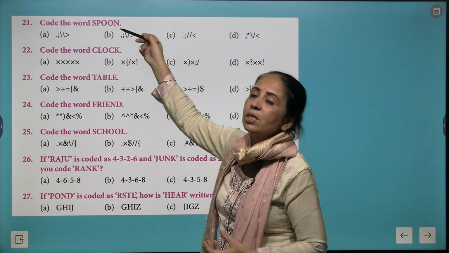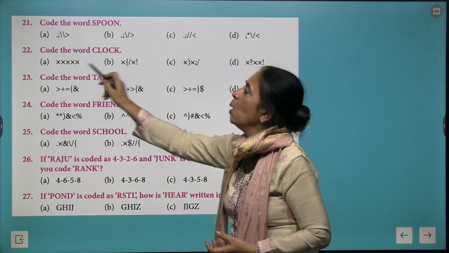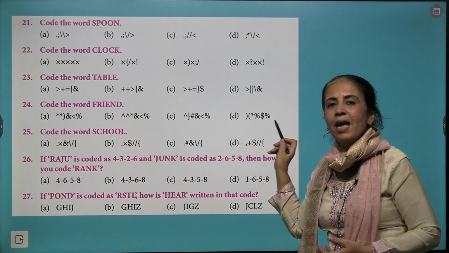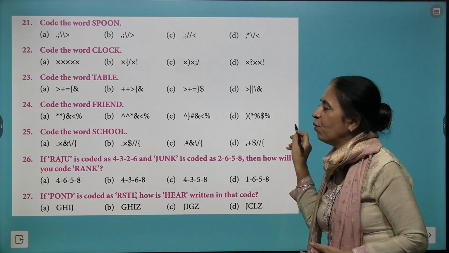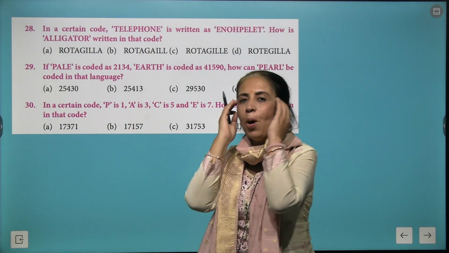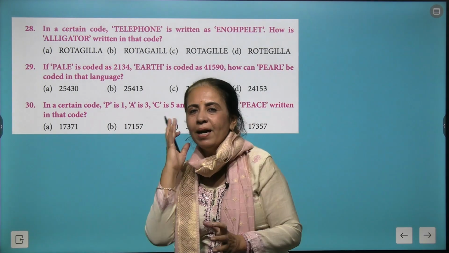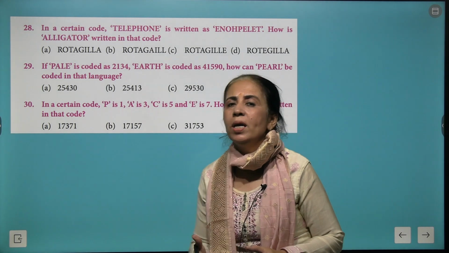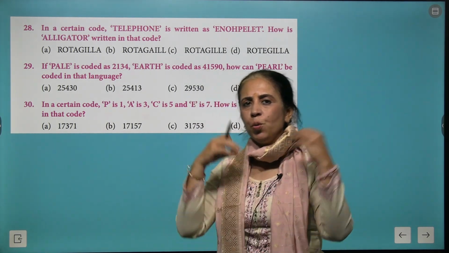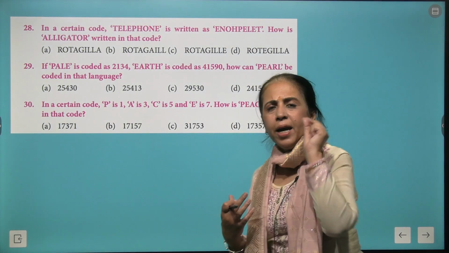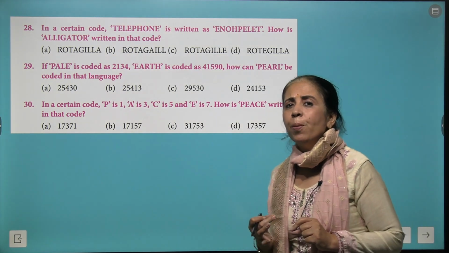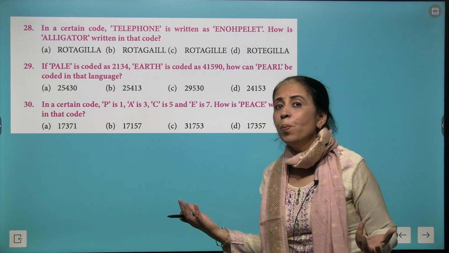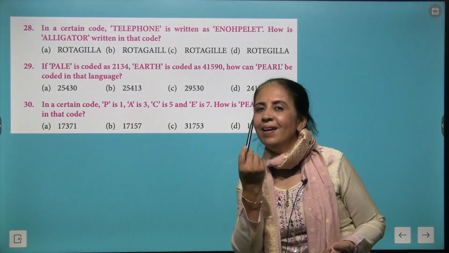So we have to write what is spoon out of this, where is the clock, and which one represents the table or friend, and wonderful way to give your brain a scribbling effect. So once you will start learning how to code, decode, it's definitely going to give you a spark in your brain, and it will baffle and perplex your brain so that it could think out of the box. And that's the true purpose of understanding and learning.